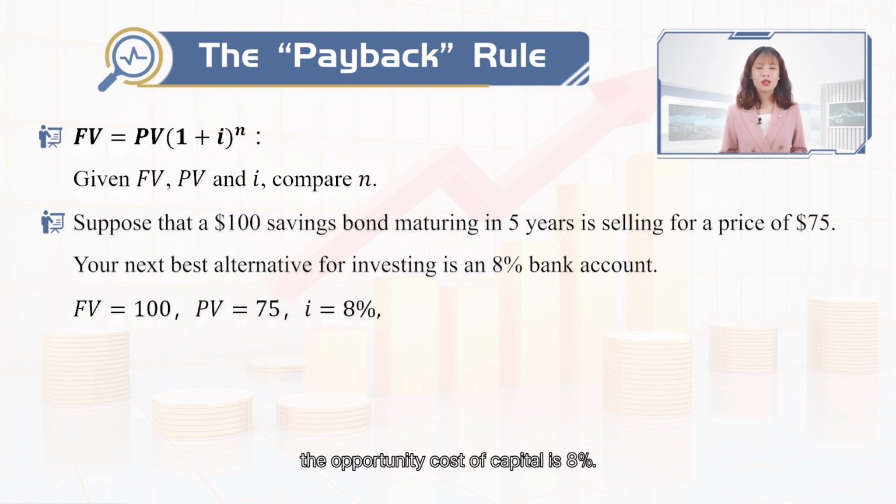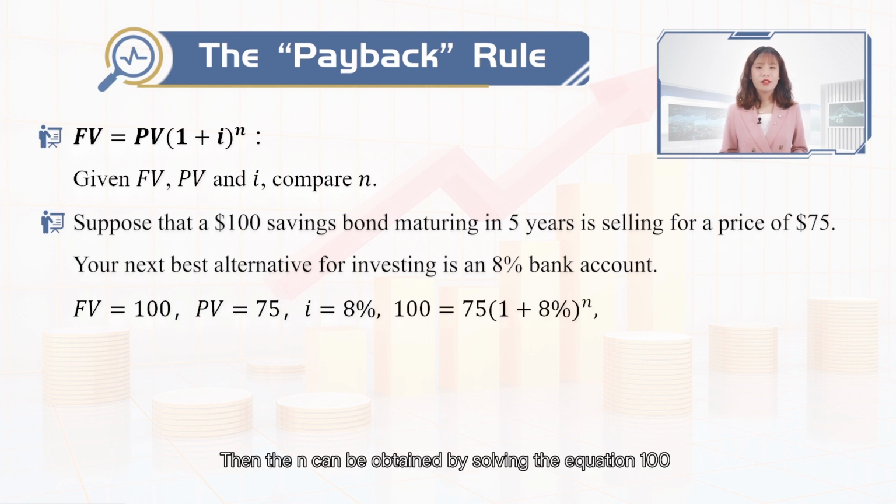The opportunity cost of capital is 8%. Then N can be obtained by solving the equation 100 is equal to 75 multiplied by 1 plus 8% to the nth. We find that N is 3.74 years.